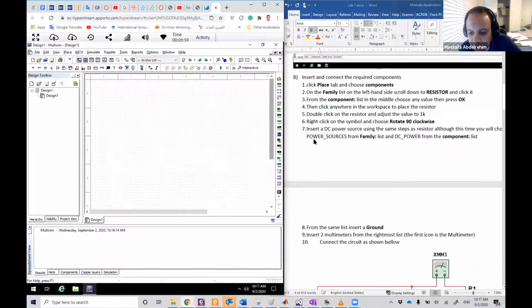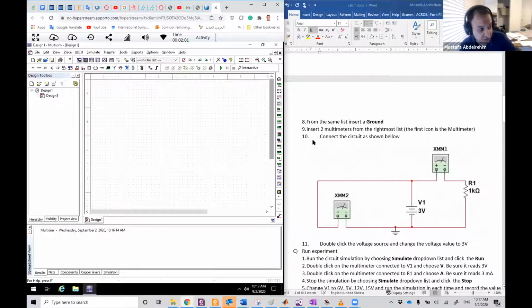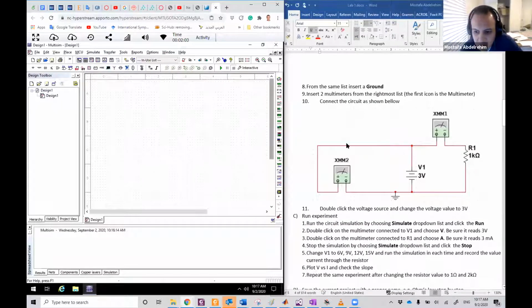Now let's construct this very basic experiment with a battery, or a voltage source, and here we have a multimeter, which is much better than using voltmeters that only measure voltages, because it gives you all the things you want: voltage, ampere, and also resistance.